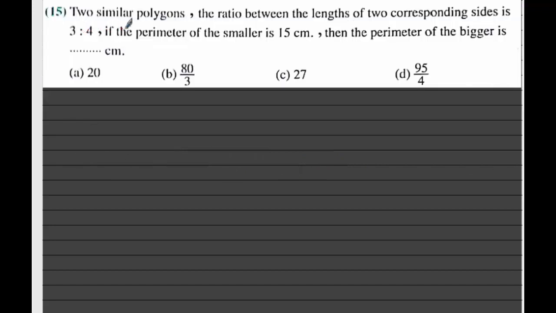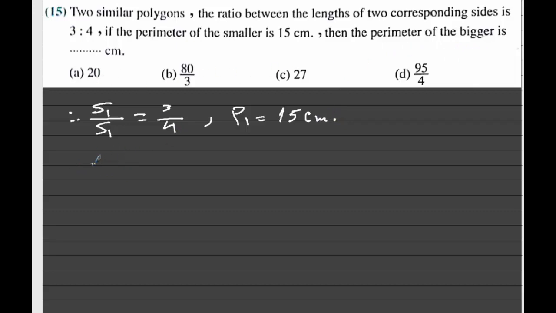Question number 15. Two similar polygons, the ratio between the lengths of two corresponding sides is 3 to 4. So we have S1 to S2, the first side to the second side, equals 3 to 4. If the perimeter of the first, the smaller polygon, is 15, so P1 equals 15 centimeters, then the perimeter of the bigger is?